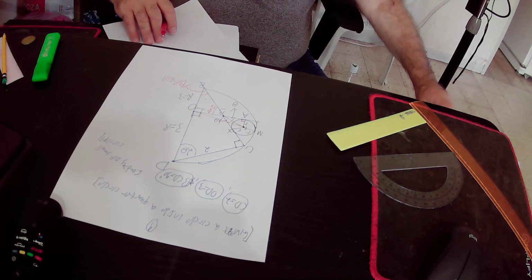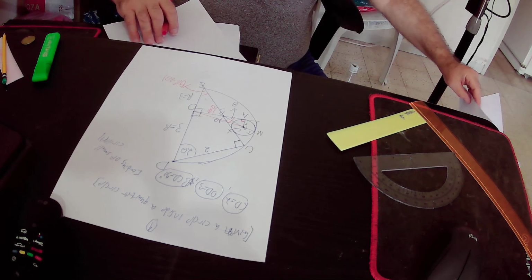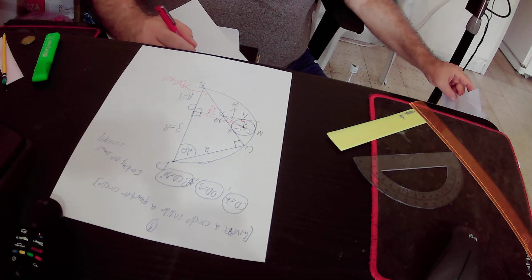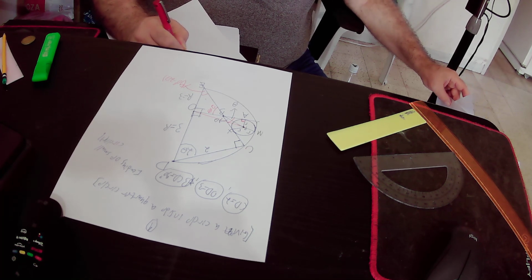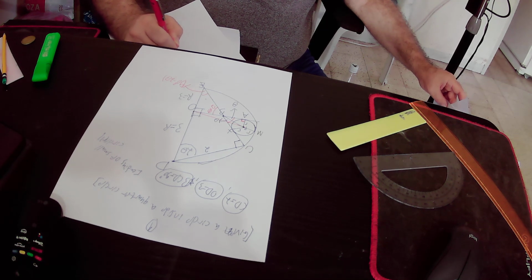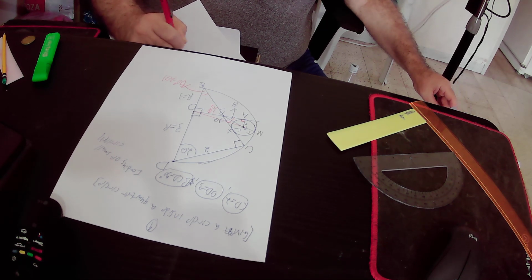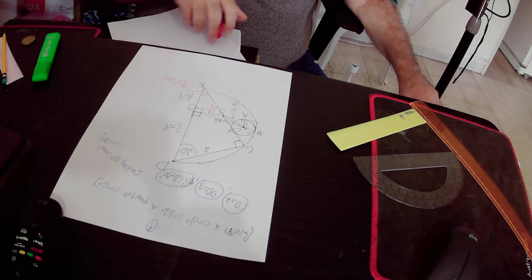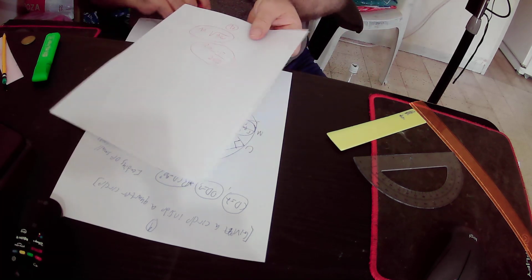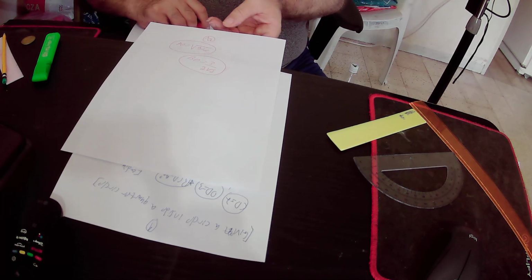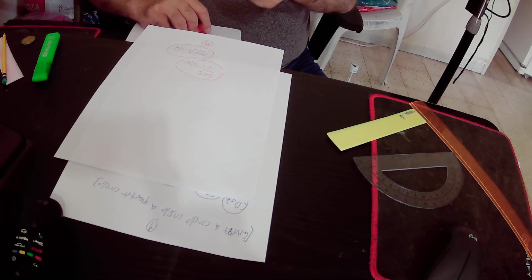And we have already found out that BO equals 3 over 2 times root 2. So we have found the values of AO and also the value of BO.